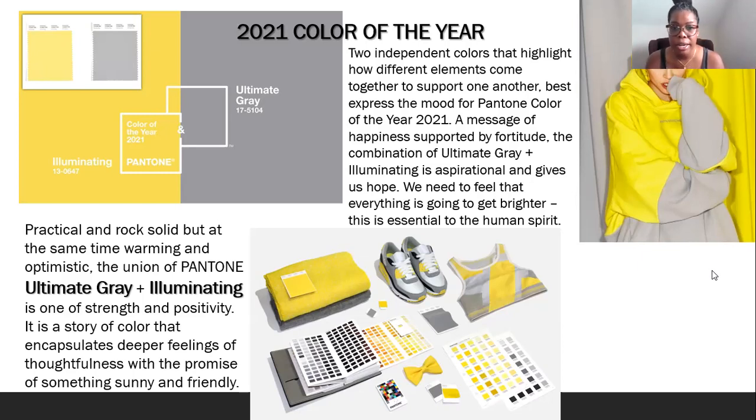Ultimate gray and illuminating. Then the practical side is, now these colors are the colors that designers and manufacturers, cosmetics industry, interior design, automobile industry will then begin to incorporate into their products that they'll be selling.